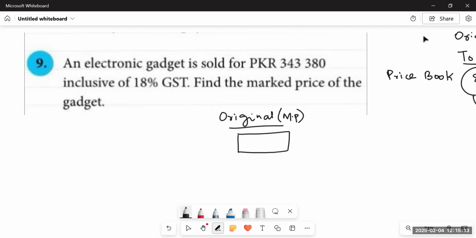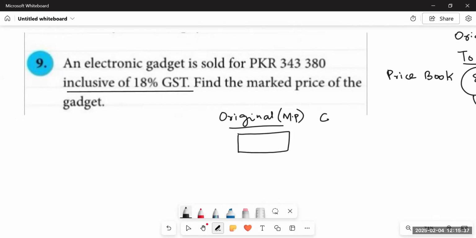So just recall what we have just revised. That is, we have to find out the original total. So it means we just have to figure out any of the given amount along with its percentage. If there is an original amount of the electronic gadget and it is sold for PKR 343,380, inclusive of GST means there was a GST.